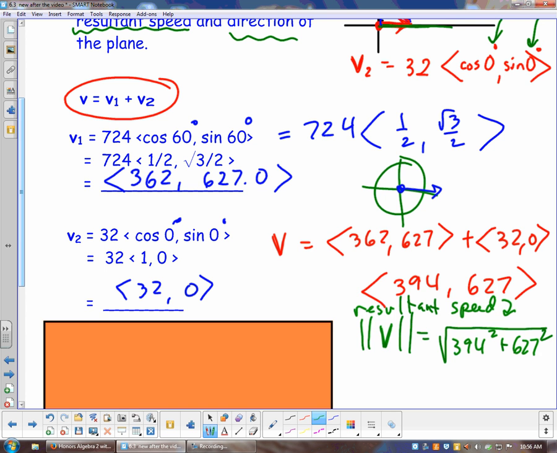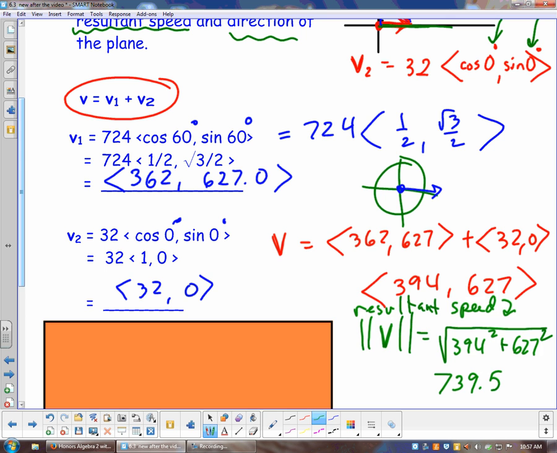Calculators. Hold up. 394. 739.5, and that's pretty close to the 724, but the wind is helping it go a little bit faster, but it is pushing it off course a little bit, right?